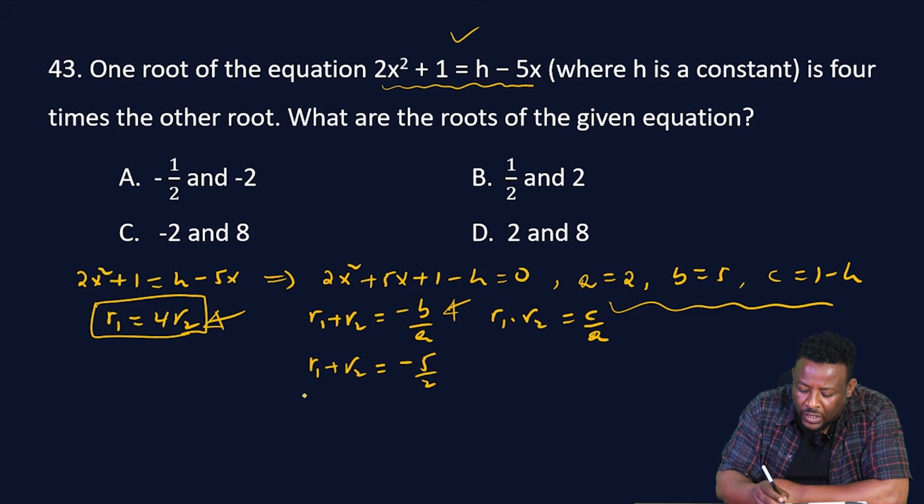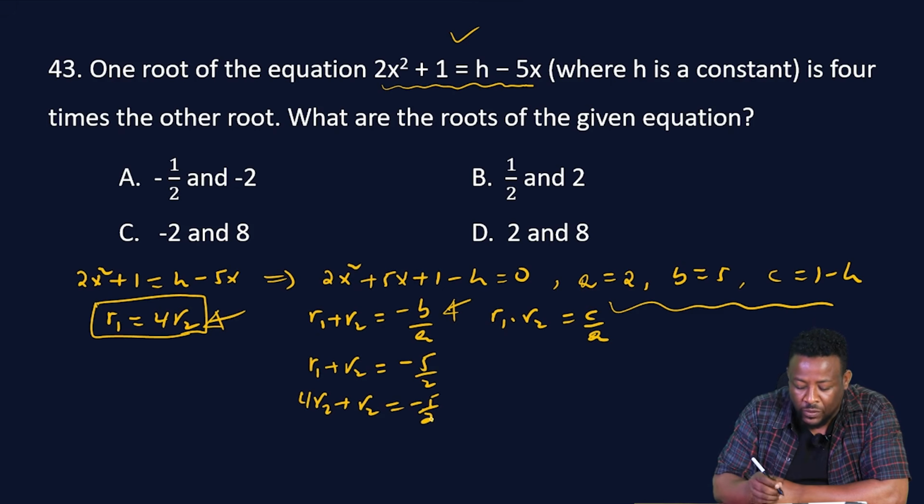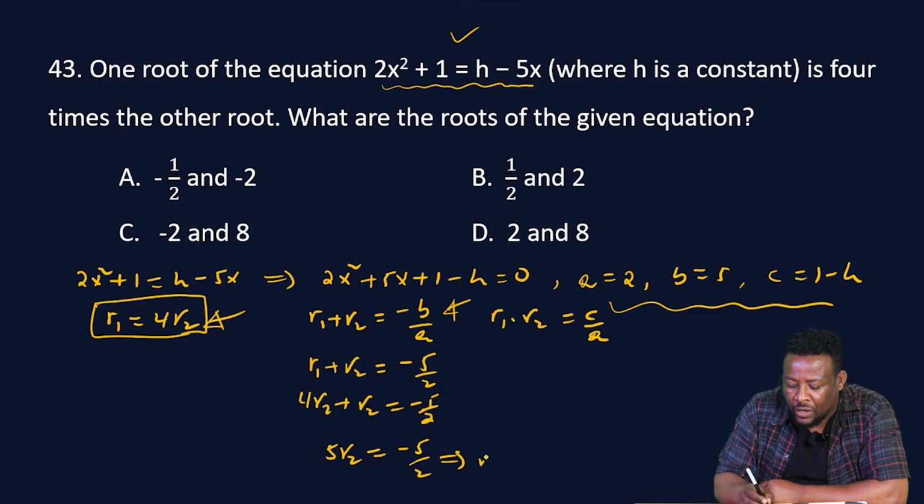So 4 times r2 plus r2 is minus 5 over 2. Okay, minus 5 over 2 ይሆናል ማለት ነው. So this becomes 5 times r2 is minus 5 over 2. Okay, so dividing both sides by 5 r2 ምን ይሆናል ማለት ነው? Negative 1 over 2 ይሆናል. Okay, r2 አግኝተናል.